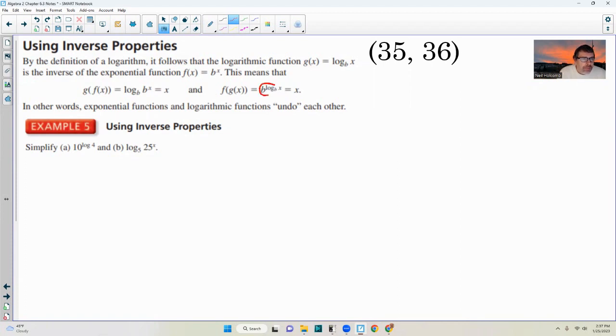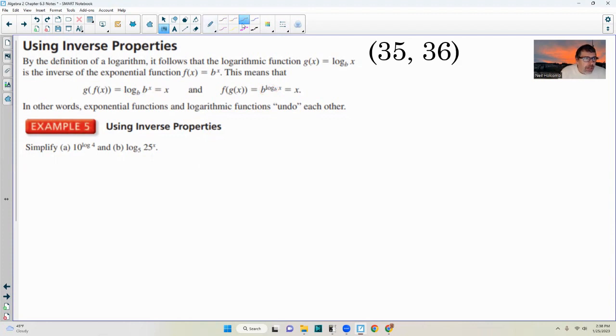So in other words, if you have b and log b, they cancel each other out, and you just get what's left over. And again here, log base b of b cancels, and you're left with x again.